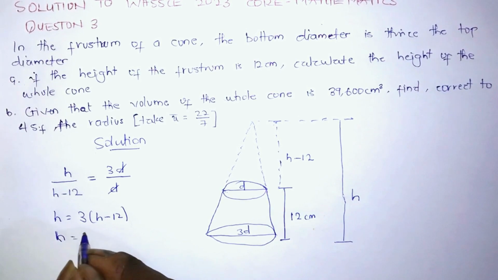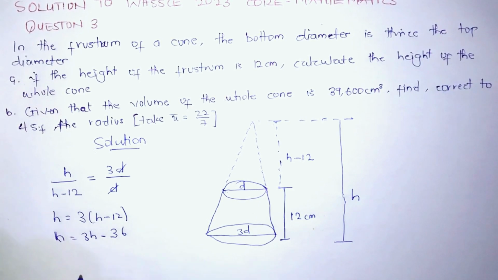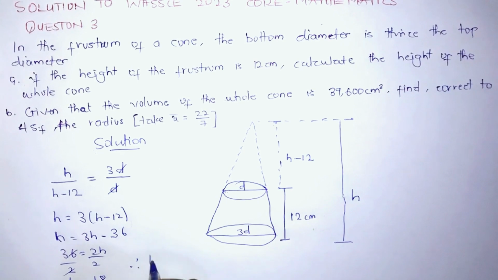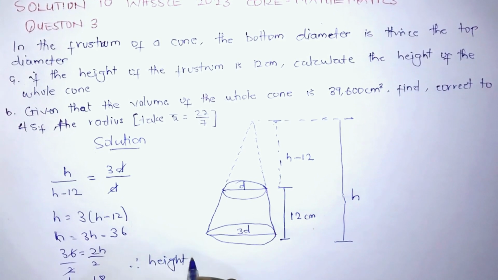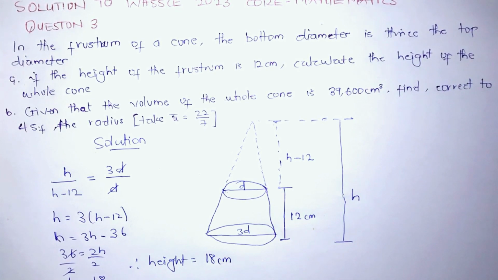So H is equal to 3H minus 36. So group like terms, I'm going to get 36 is equal to 2H, divided by 2, divided by 2, and H is equal to 18. So therefore, height is equal to 18 centimeters. And that answers the first part of the question.